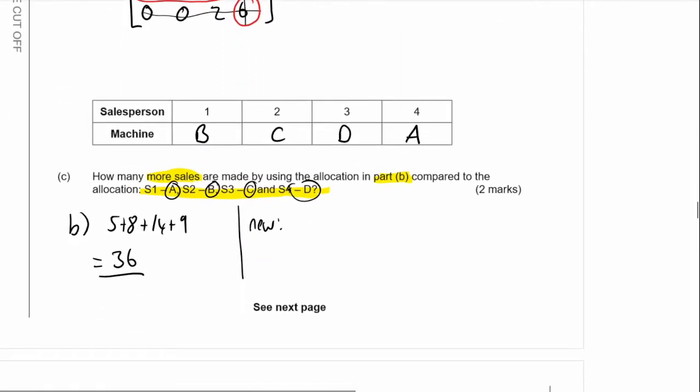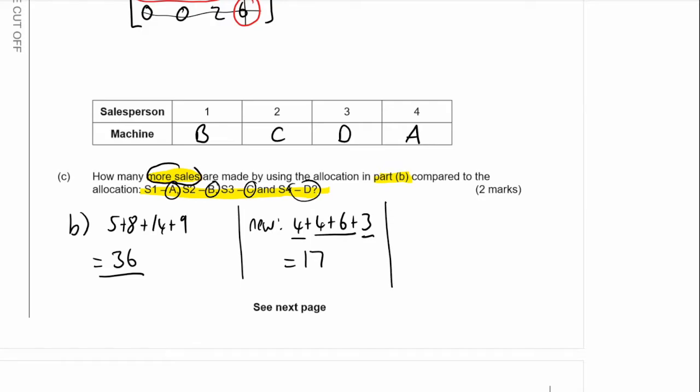So we're going to go 4 plus 4 plus 6 plus 3. 4 and 6 is 10. 4 and 3 is 7. 10 and 7 is 17. So how many more sales? Now we have to find the difference between the two. So 36 minus 17 equals, we need 13, and 6 is 19.